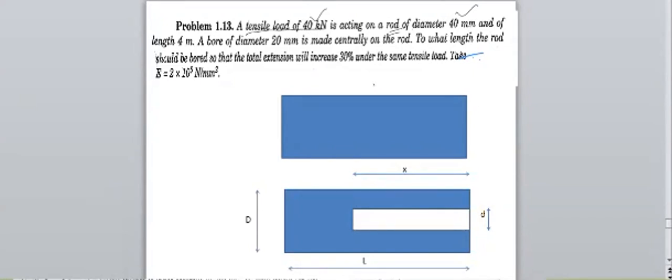This is a rod whose diameter is 40 mm, and the load acting on this rod is 40 kilonewton.